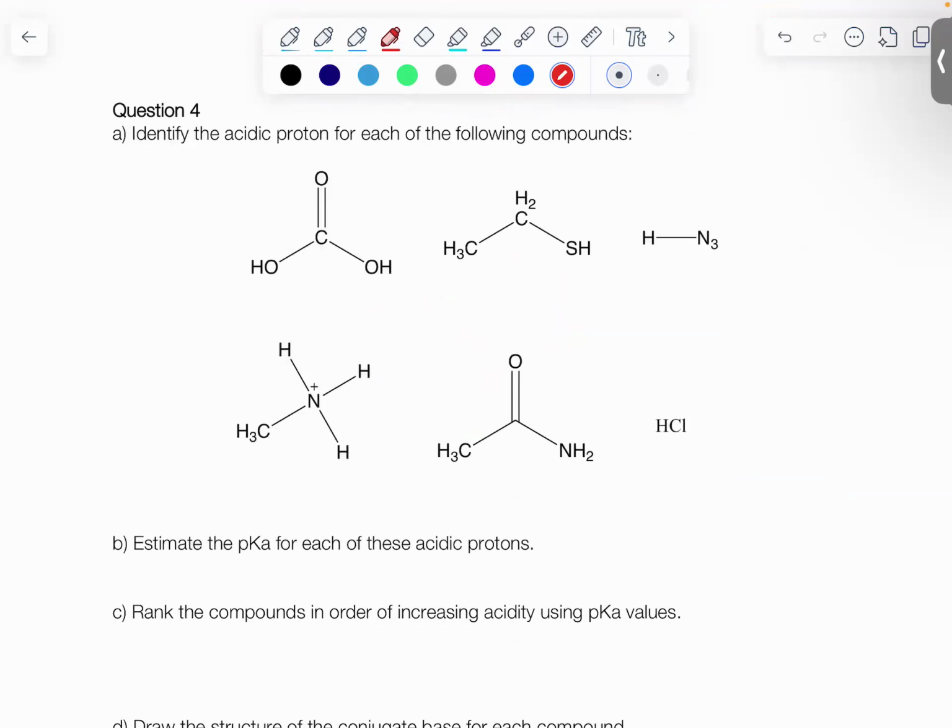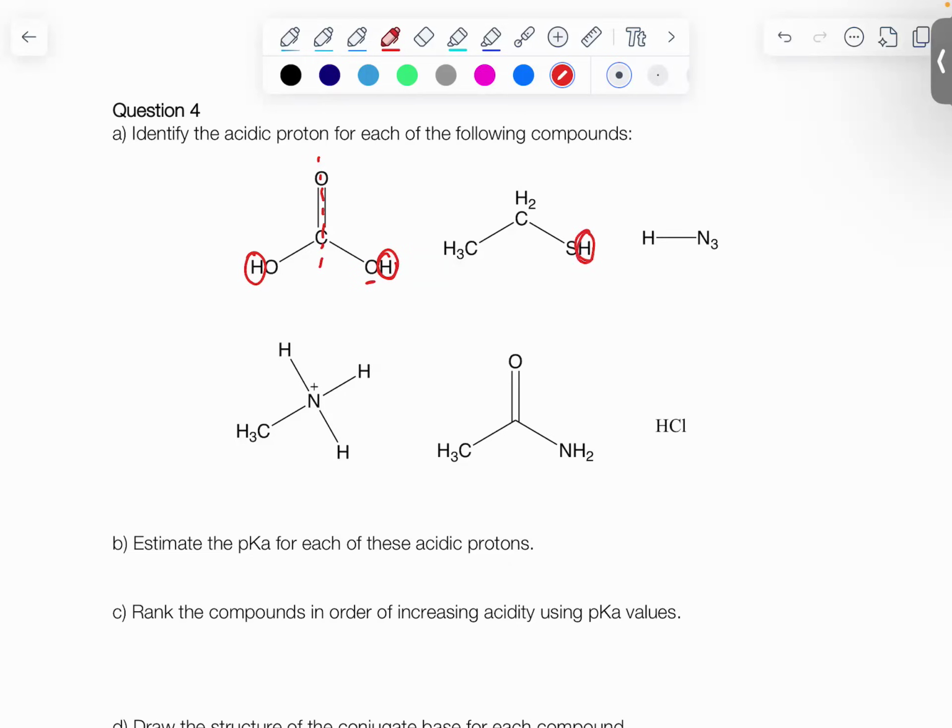Next, we can identify the acidic protons for each of the following compounds. And so in this one, what you want to do is just circle one single proton. So in this first example, our molecule is actually symmetric. So whether you circle the left or the right proton, either of those is correct, but it is going to be the proton that is attached to this oxygen.